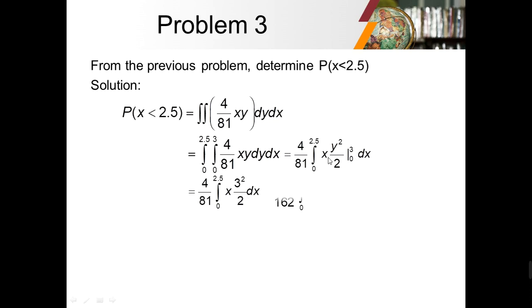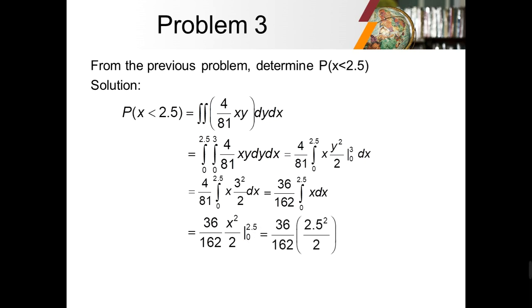Okay? Then, so, 3 squared is 9 times 4, 36. Then, 2 times 81 is 162. Then, x dx. So, mag-integrate ulit tayo in terms naman ng x. So, integral niyan is x squared over 2. So, kopya lamang. Then, itong constant. Tapos, x squared over 2. Limits from 0 to 2.5.